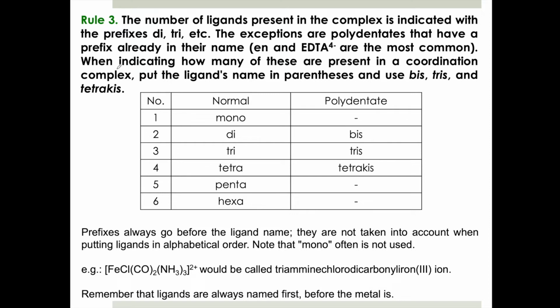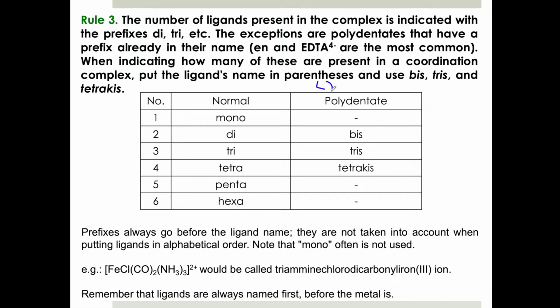So when indicating how many of these are present in the coordination complex, you need to put the ligand's name in parentheses, and use bis, tris, and tetrakis, not di, tri, and so on.